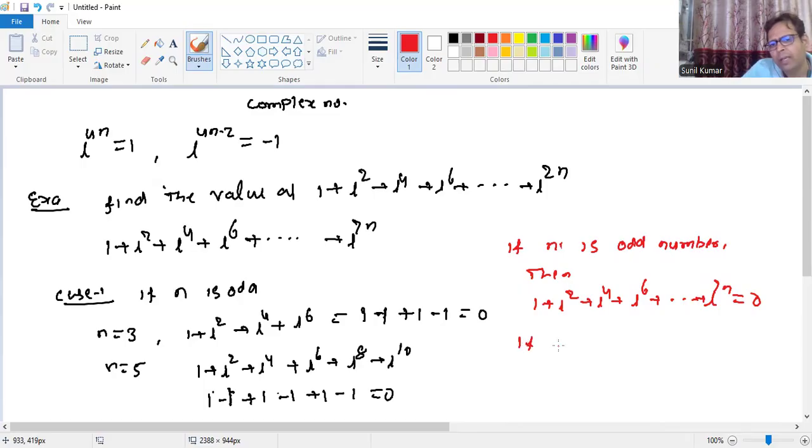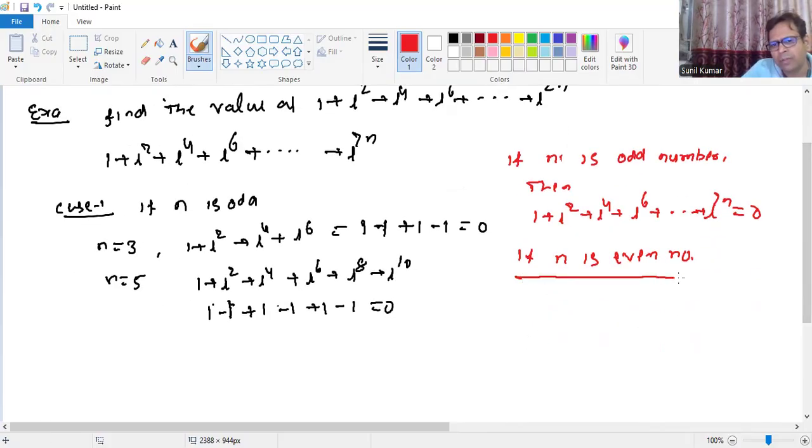And if n is an even number, what do we get? If n is even, suppose n is 2, 4 or 6. Take n as 2: we get 1 plus i power 2 plus i power 4, which is 1 minus 1 plus 1, so we get 1.